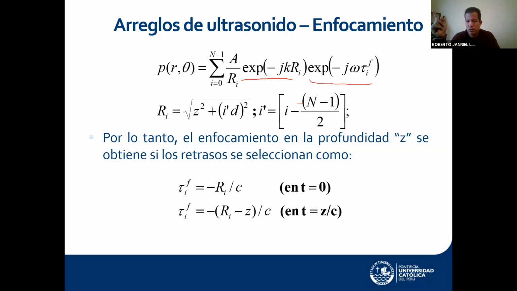So it is the square root of z squared plus (i prime d) squared, where i prime d is just the location of the element in the array, and z is the depth.